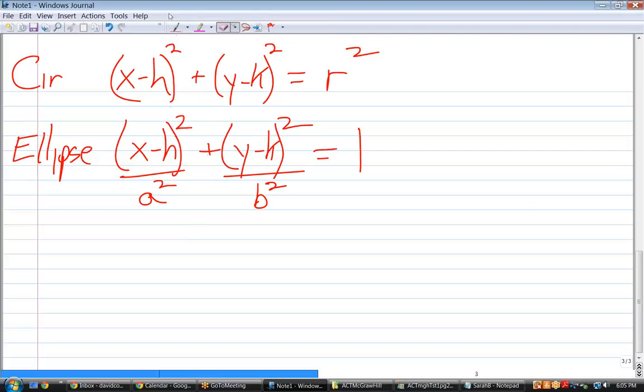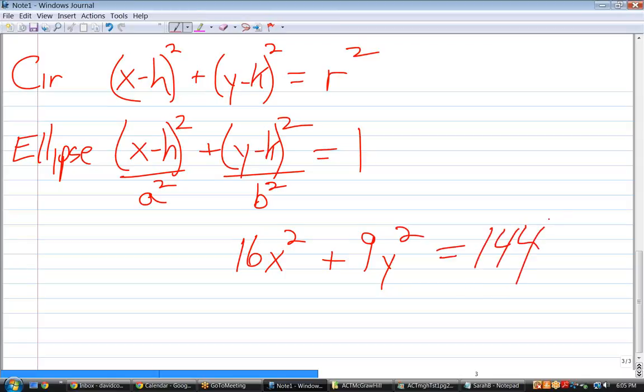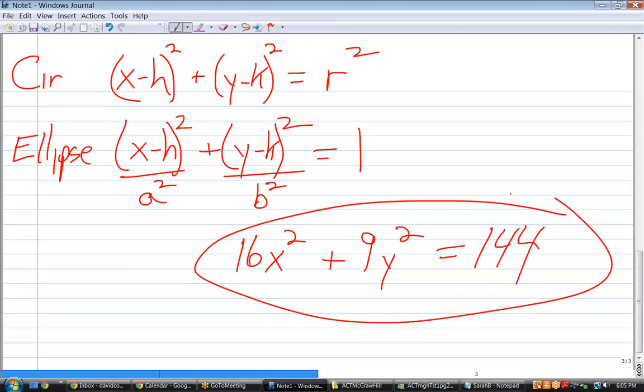Now, let's talk about an ellipse one more time. Frequently, you will have something like this. That's the equation you will be given.